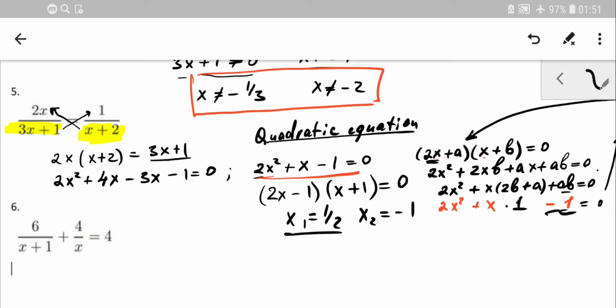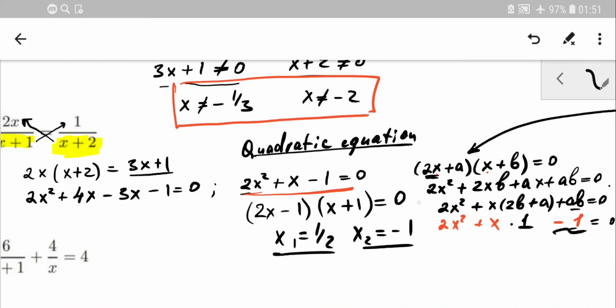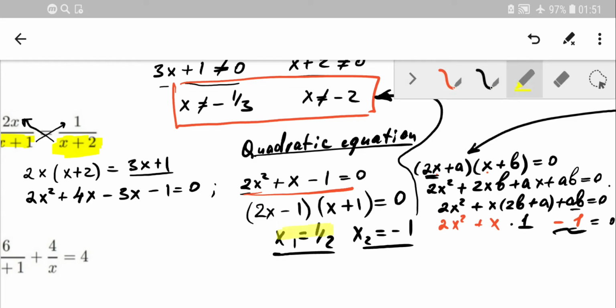And finally we found the solutions. Let's check them against our conditions. They meet our criterion about non-equality to -1 over 3 and -2. So they are both solutions, so we include them. That's the solution.